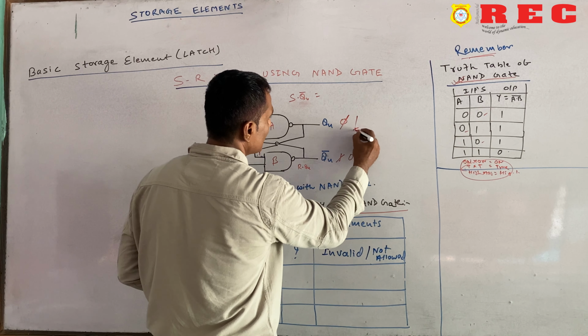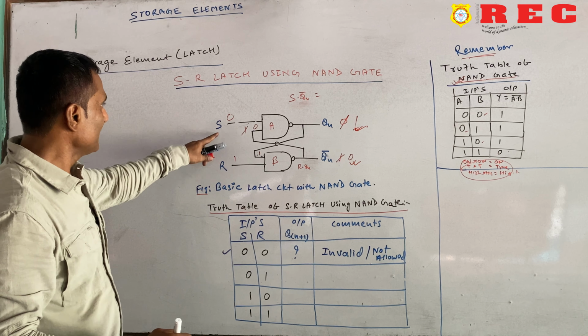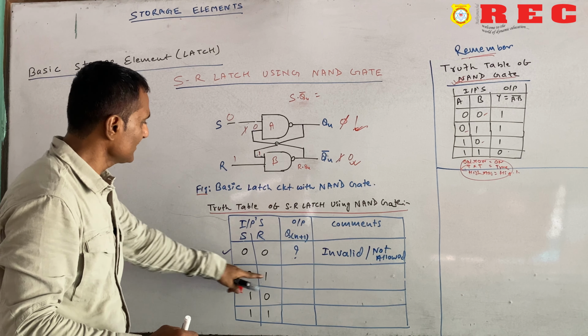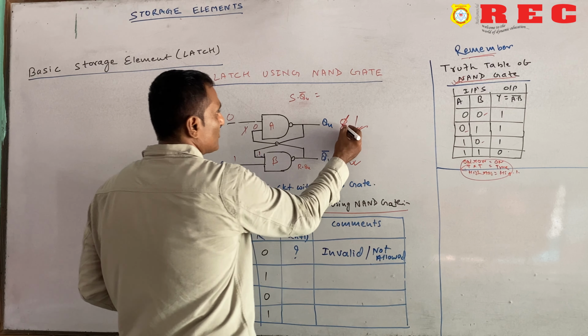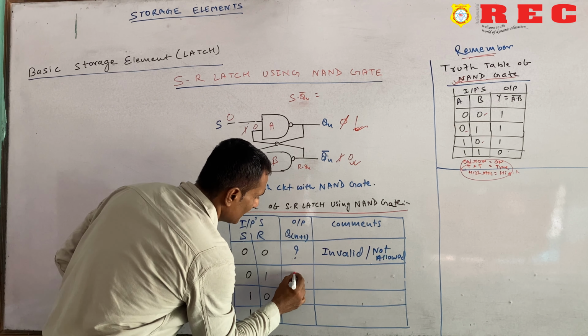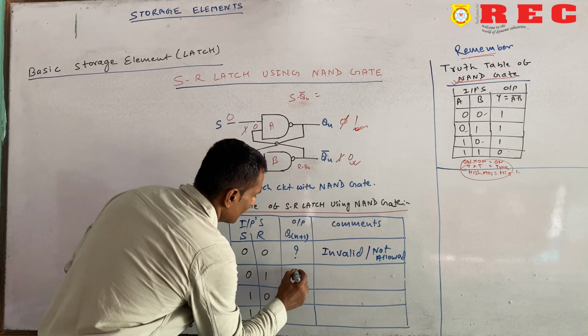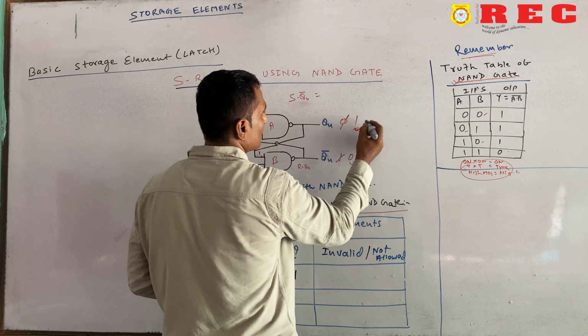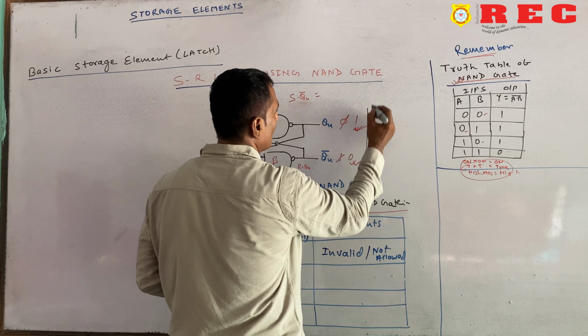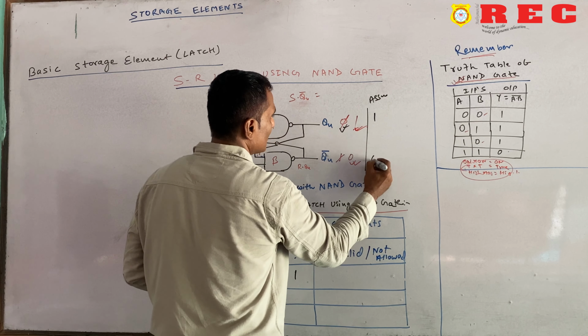Okay, now what is getting here? 1 and 0. When the value of S is equal to 0, R is equal to 1, in this case, we have assumed 0, then it will be replaced by the 1 and 0. So here it will be the 1. And if we assume Qn as 1, now 1, it will be 0.